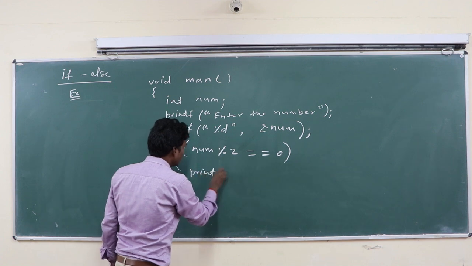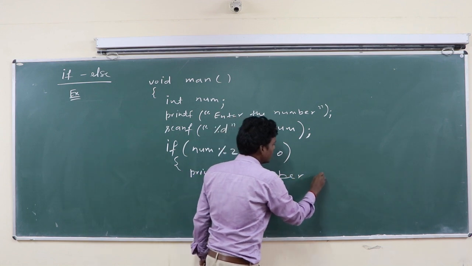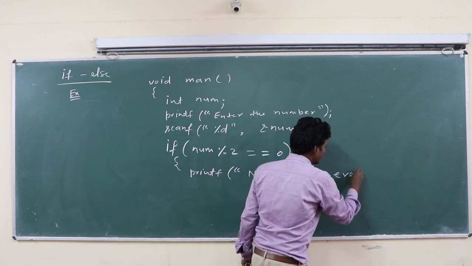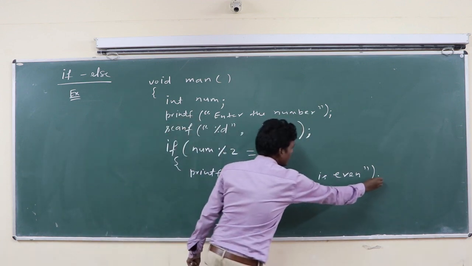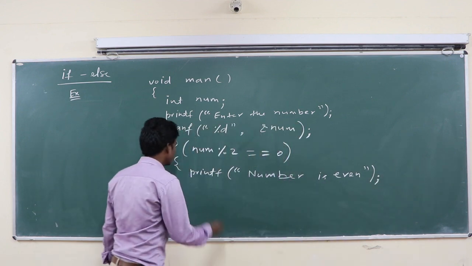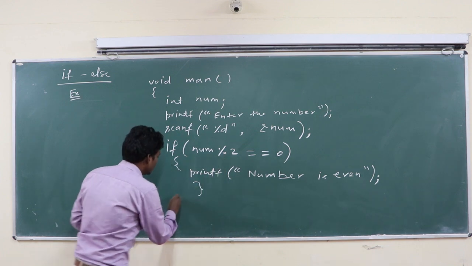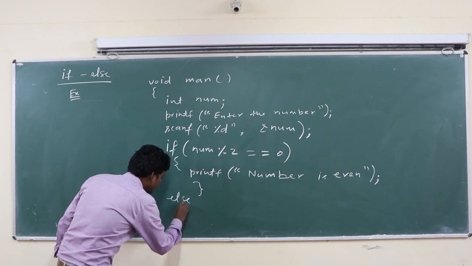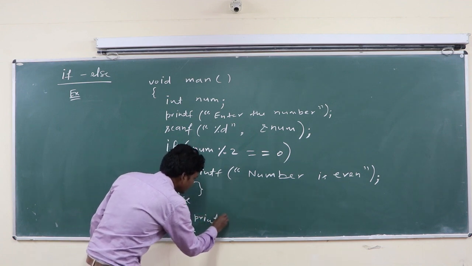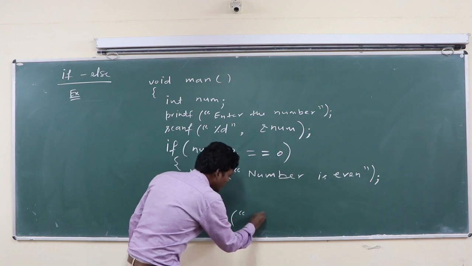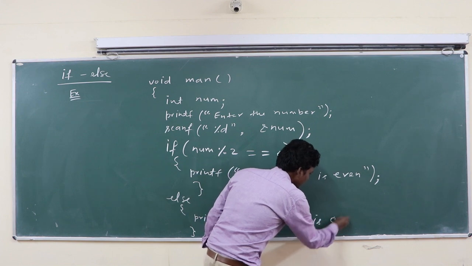printf, number is even. Else, if this is not true, then the else statement will be executed. printf, number is odd.